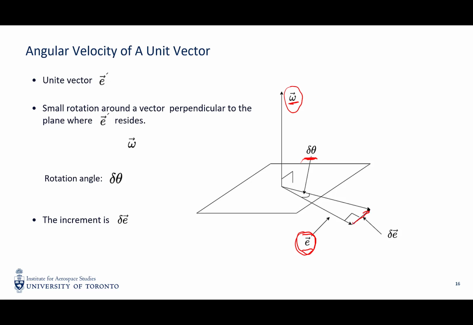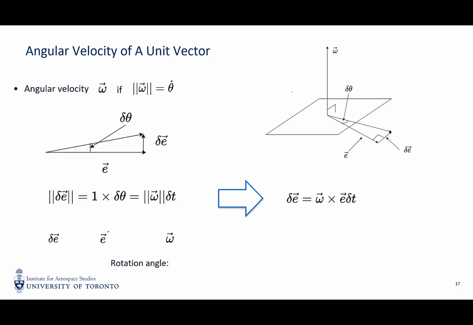And also the delta E generated by this very small rotation is also within the plane defined by the omega. Because the rotation angle is very small, and also the length of E is 1, then we can approximately say that the length of the increment of E is approximately delta theta. Right, because it's like the radius times the arc angle.